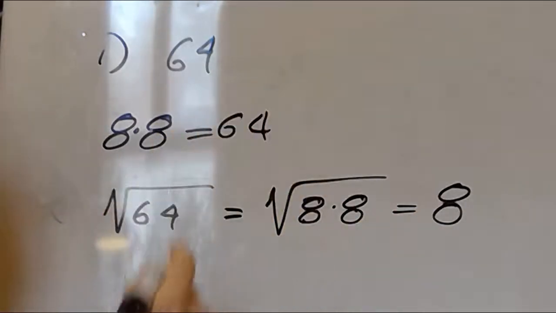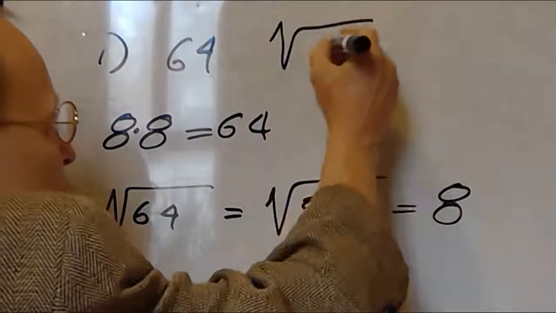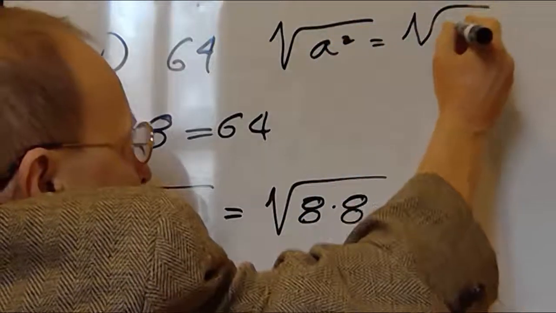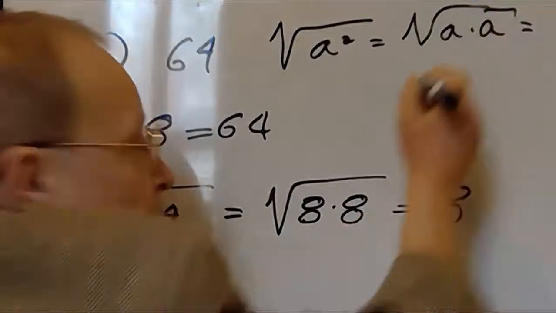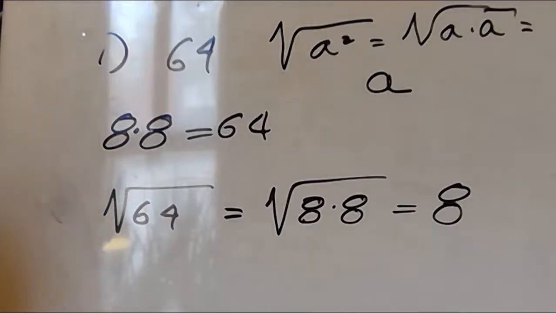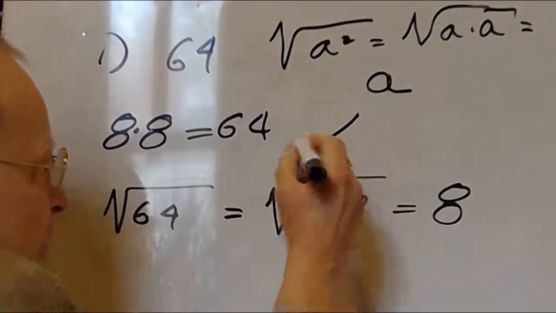By definition, if we go back to the square root of a squared, it is equal to a times a, and that will give us a. So that would be our definition and what we are using here.